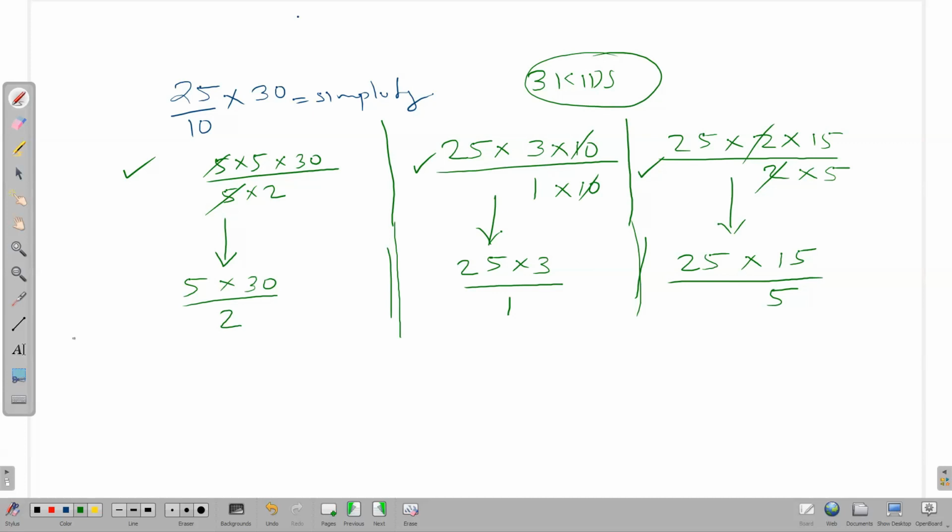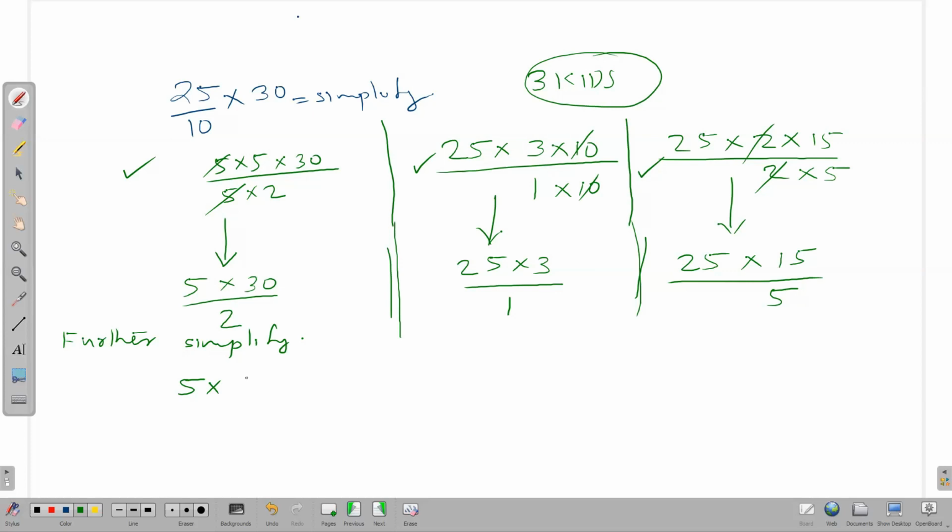Further simplify, kids. This is what the teacher says. So then this kid thinks. What can this kid write? 5 times 30. No. Is there any way he can get rid of that 2?